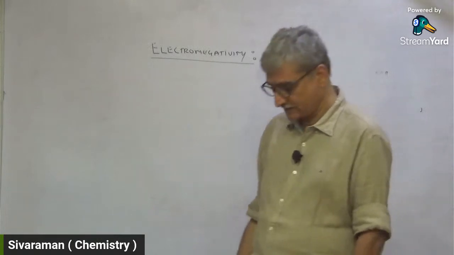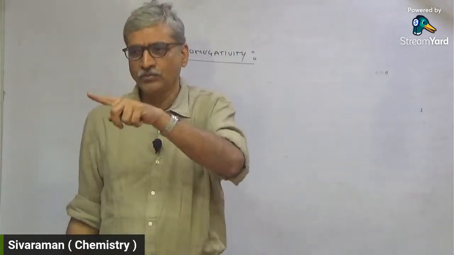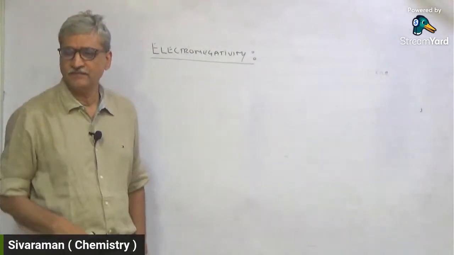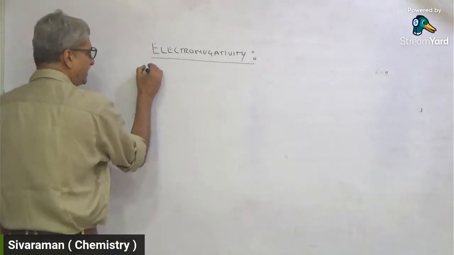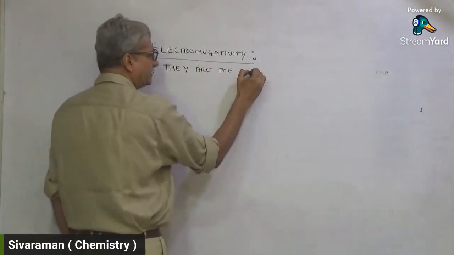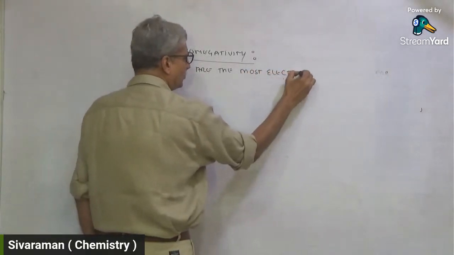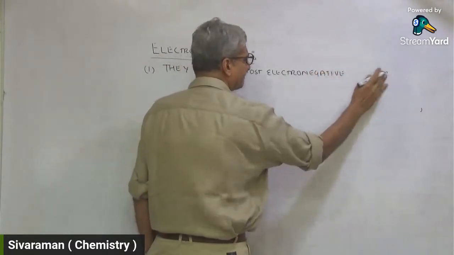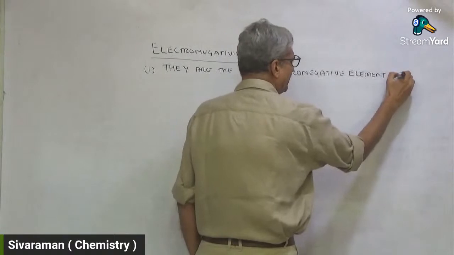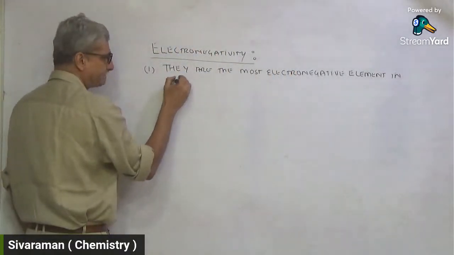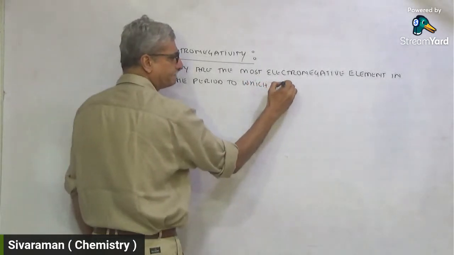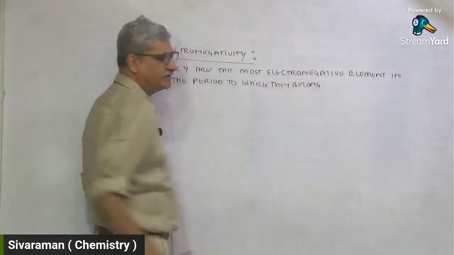First point, electronegativity increases as we move in a period. So the first point is, halogens are the most electronegative element in the period to which they belong.